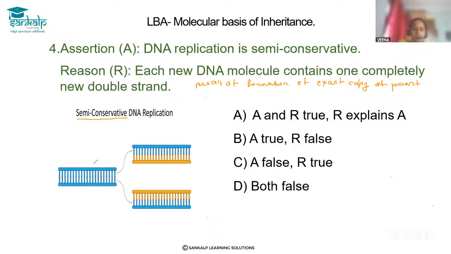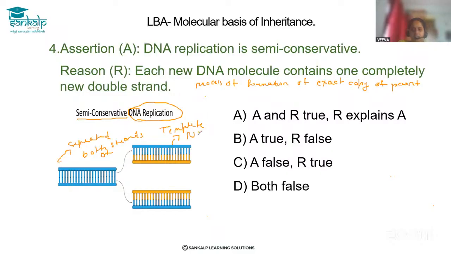Okay. So here this is the DNA strand. Here this will be separated, right? So this is called template strand, because in the replication process both the strands of the DNA act as a template strand.